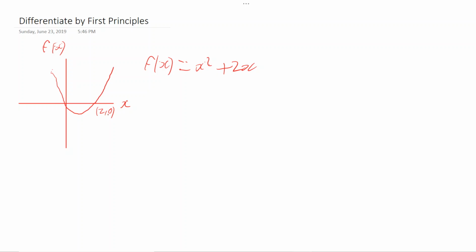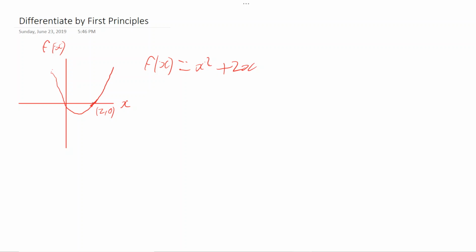To figure out the instantaneous rate of change here, we can use the secant. So again, between the point there and the point there, we can find the average rate of change over that line. And the basis of first principles is making the distance between those points so small that it eventually becomes zero.